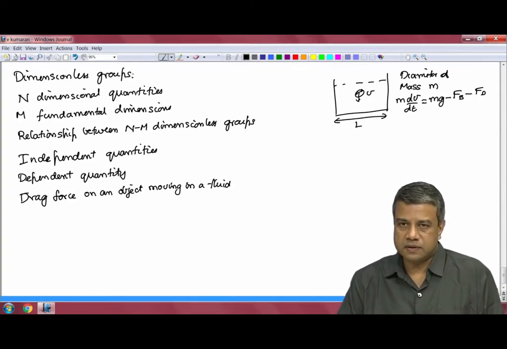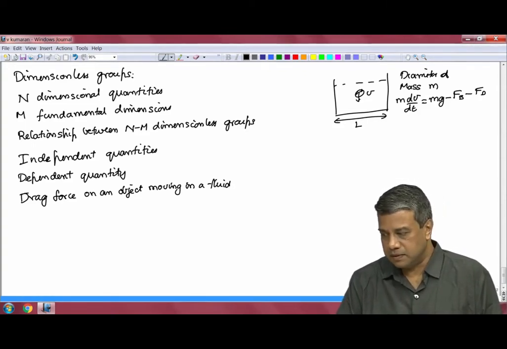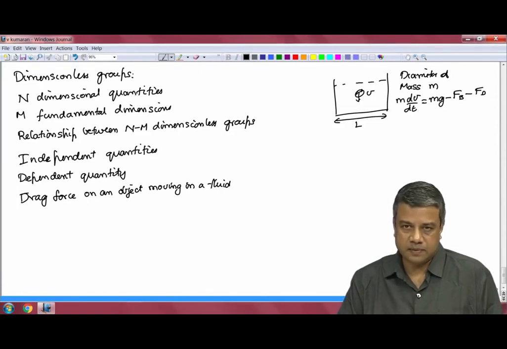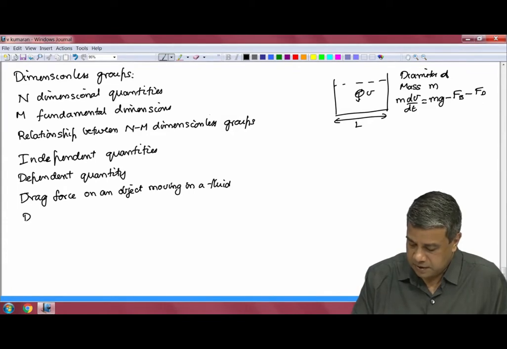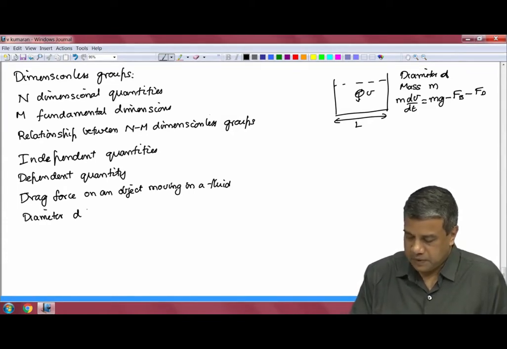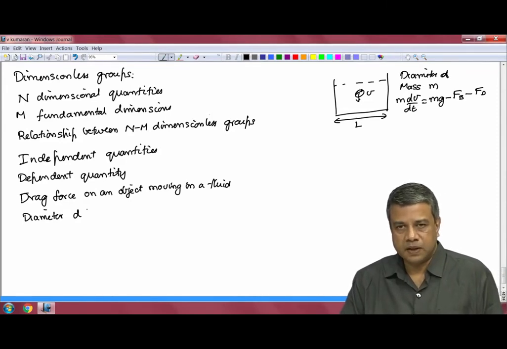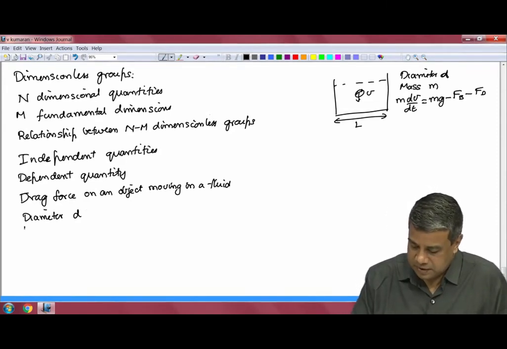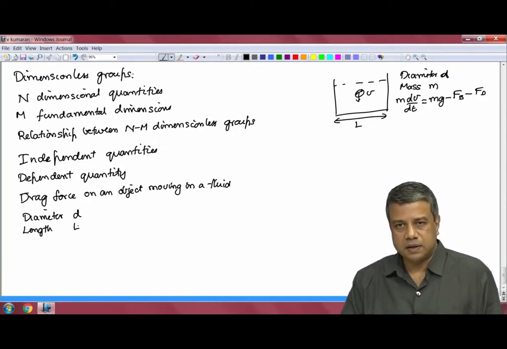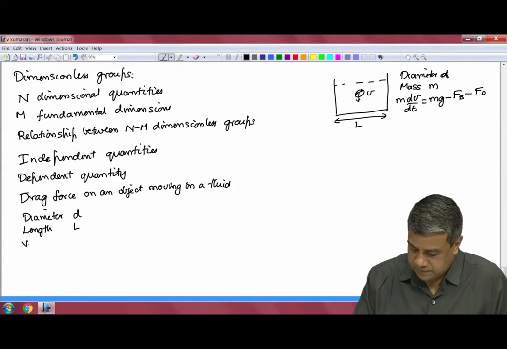So, the drag force will depend upon the characteristics of the object. For example, in this case it is a sphere, so it will depend upon the diameter of the sphere. It could depend upon the characteristic length of the tank, and the velocity, of course.